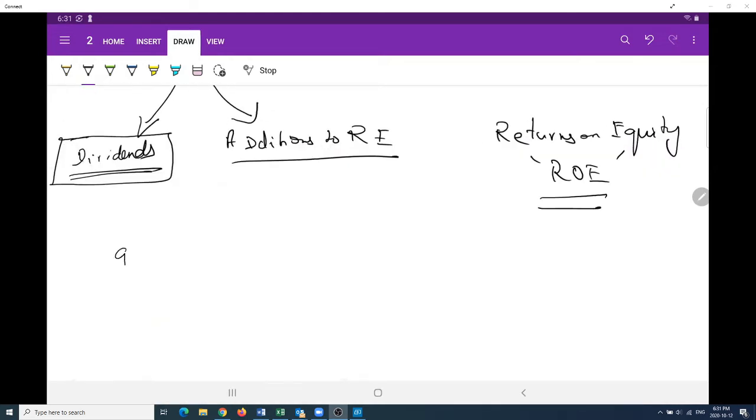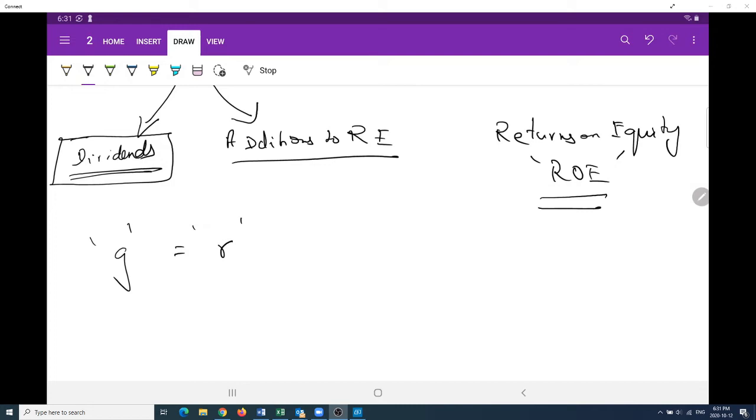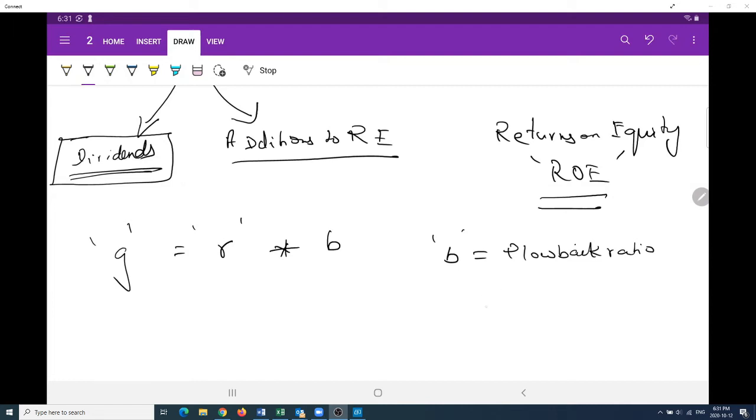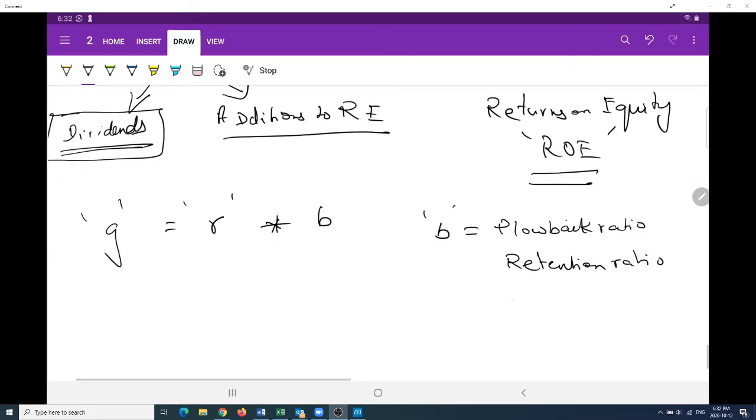So the idea of sustainable growth rate can be thought of as whatever you earn on your returns, which is your R, opportunity cost of capital, multiplied by, I'm going to write this as B, where this B is known as the plowback ratio, or this B can be thought of as the retention ratio. Okay? Or in other terms, it can also be thought of as the investment ratio.